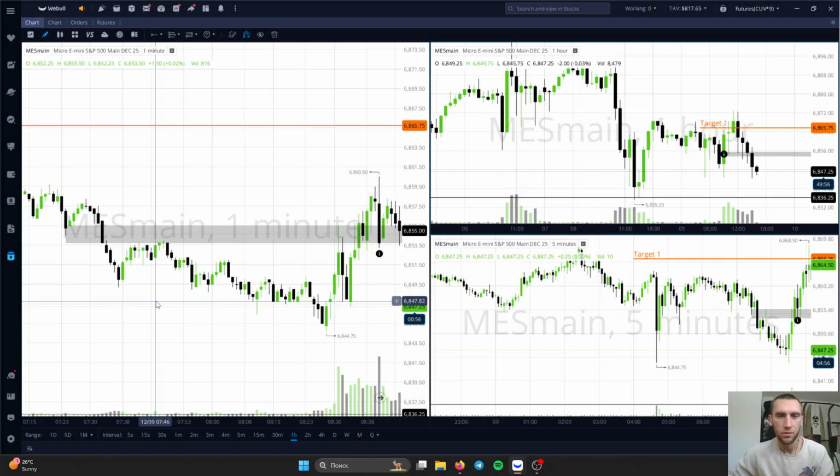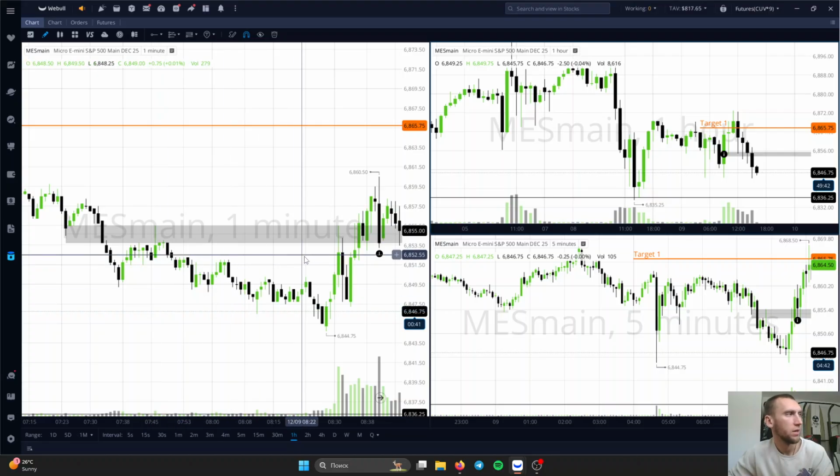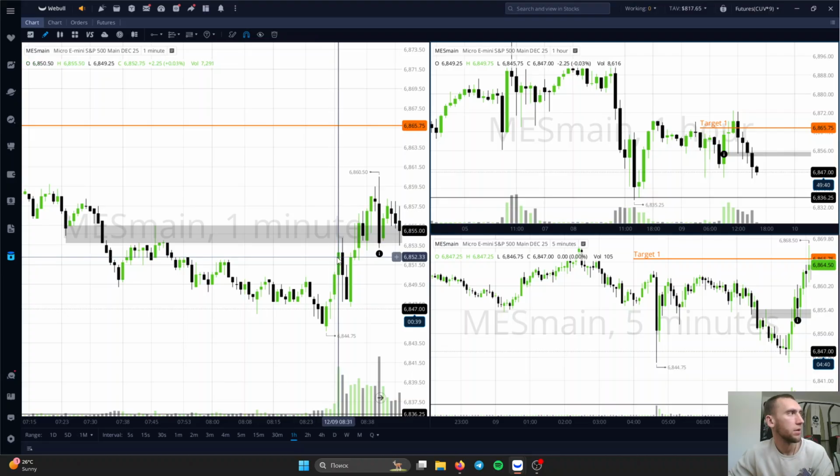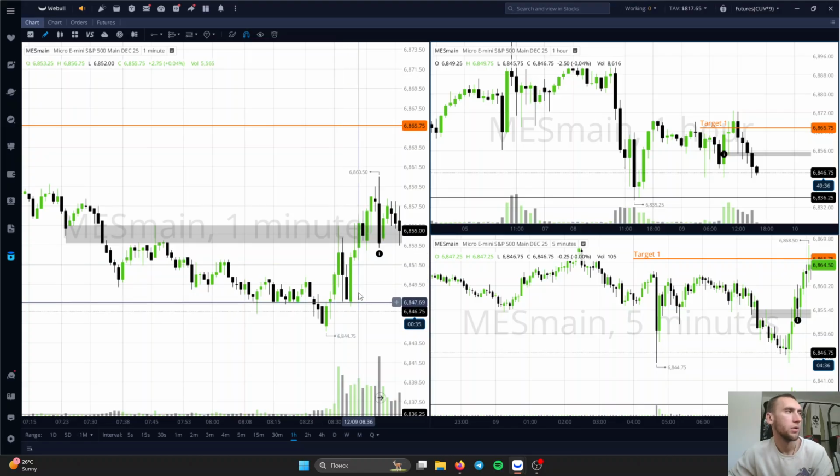I don't know if you can actually see, but these candle wicks right here go all the way up to 6,855.50. This week right here has exactly the same high. So I was waiting until this high was violated for a short position.